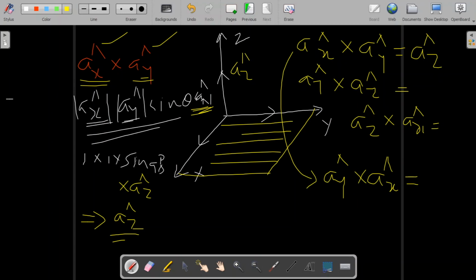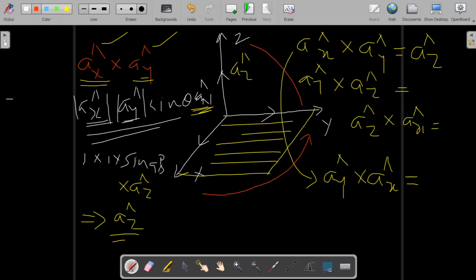To understand that, see here, we have to consider this as a right hand coordinate system. What? A right hand coordinate system. That is, this is a 3-dimensional XYZ coordinate system, or Cartesian coordinate system, as it is commonly known. And we are considering a right hand coordinate system. In a right hand coordinate system, the anti-clockwise direction is taken as positive. So this direction, x to y.